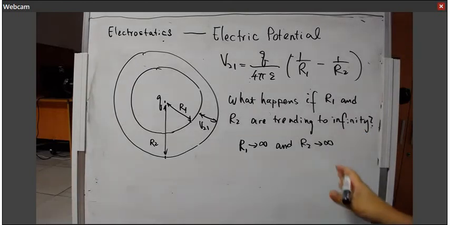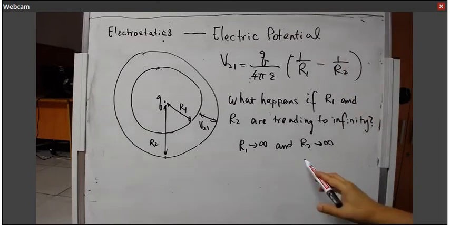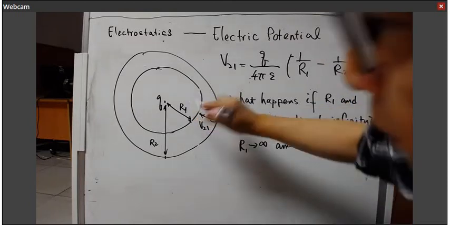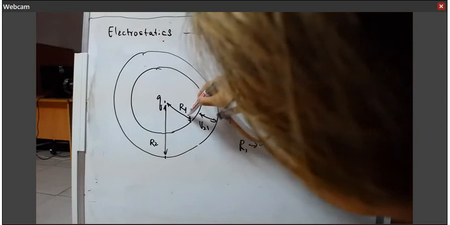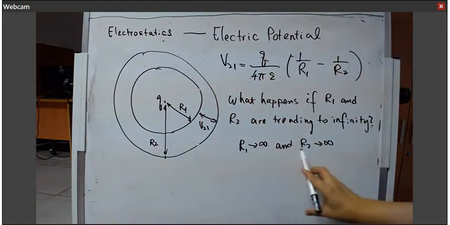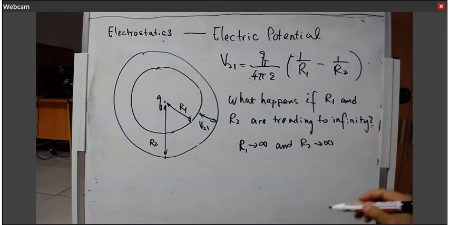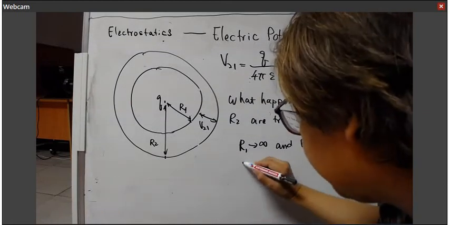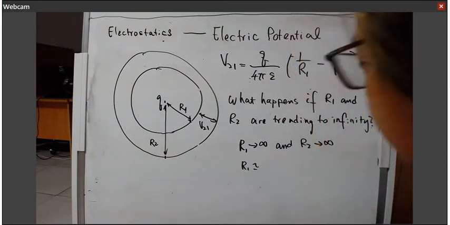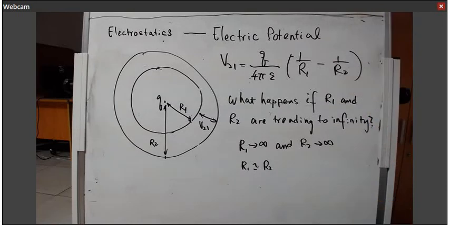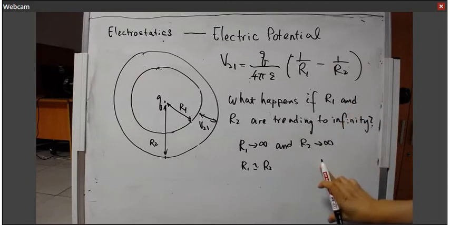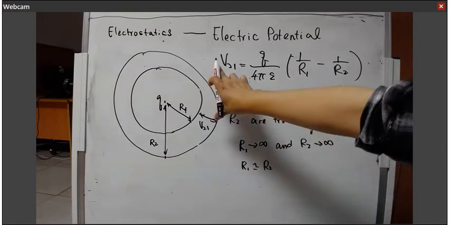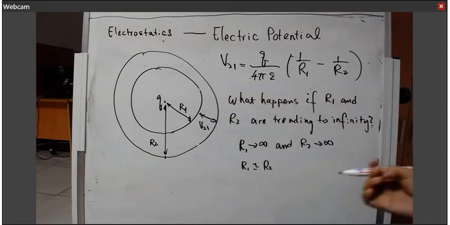In this case, if you zoom in further, if R1 and R2 are both infinity, or you might just argue that R1 is very similar to R2. What is the scenario in this case?